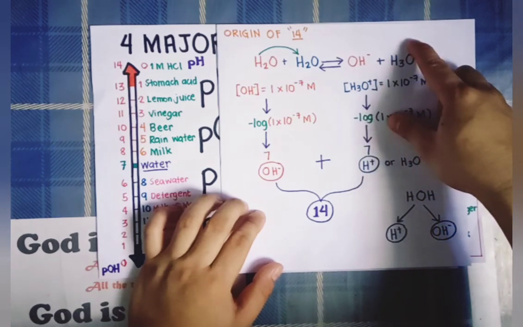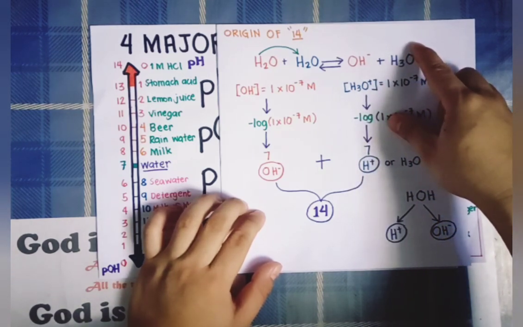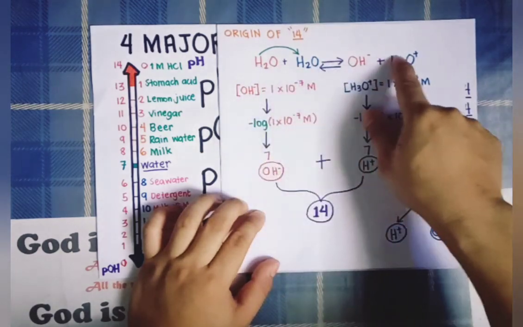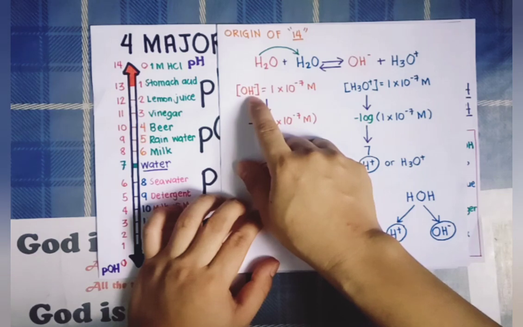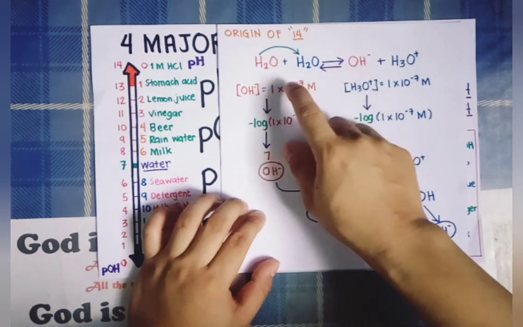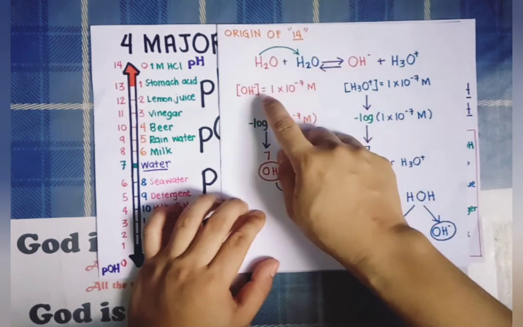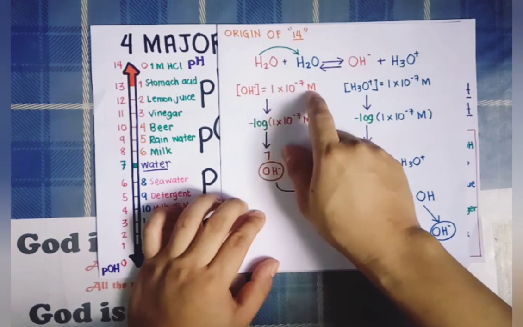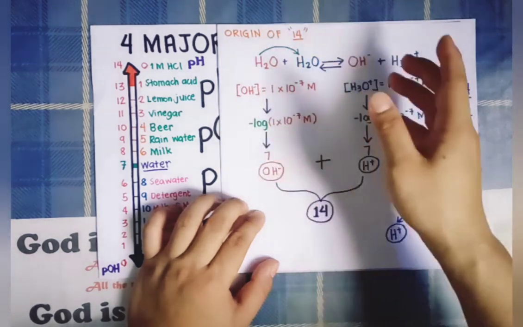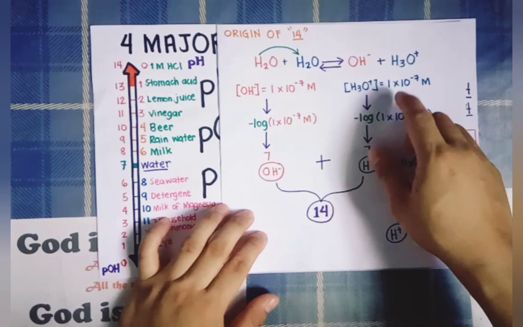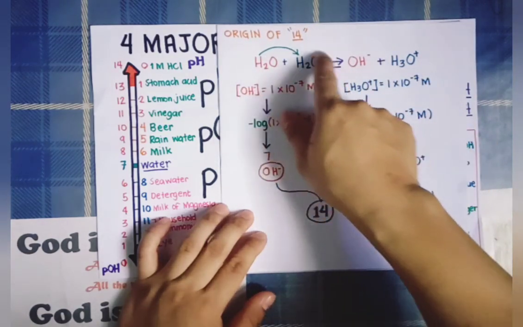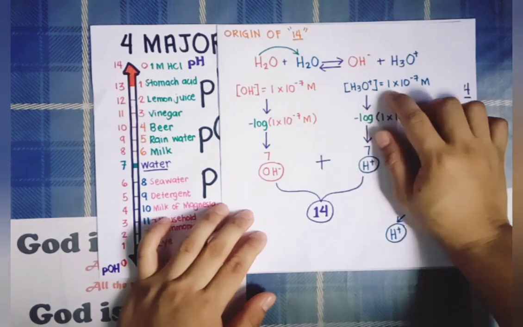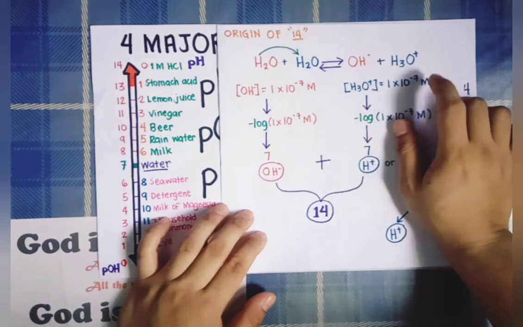Now, experimentally, it was determined that the hydroxide ion concentration in this reaction, which is a reversible reaction, in pure water is always 1 times 10 raised to negative 7 molar. Okay, and experimentally, it was also determined that the hydronium ion concentration in pure water is equivalent to 1 times 10 raised to negative 7 molar.